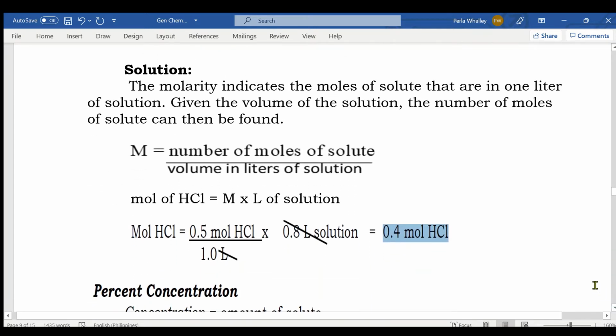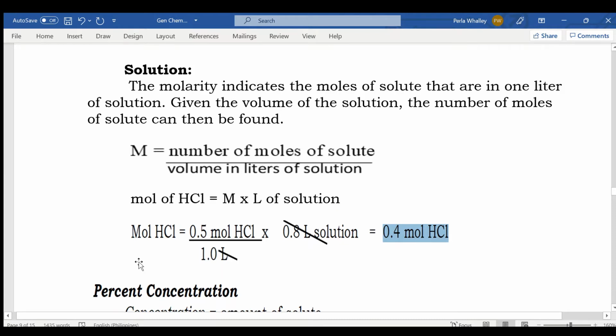The molarity indicates the moles of solute that are in 1 liter of solution. Given the volume of the solution, the number of moles of solute can then be found. So, from this formula, moles of solute, that is the moles of HCl, is M times volume in liters of solution. We just cross multiply. Number of moles is equal to M times the liters of solution.